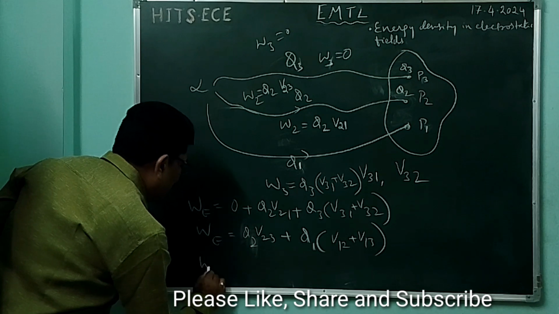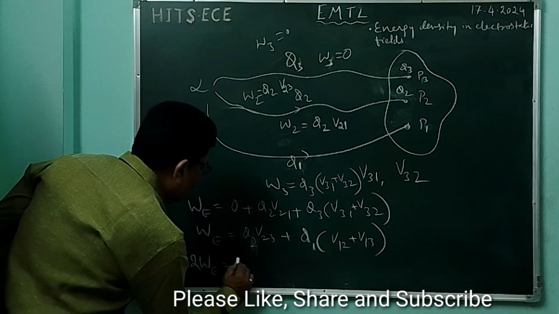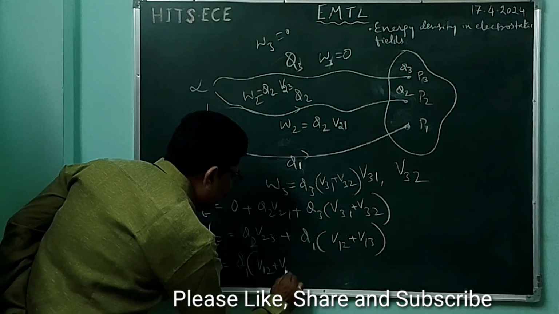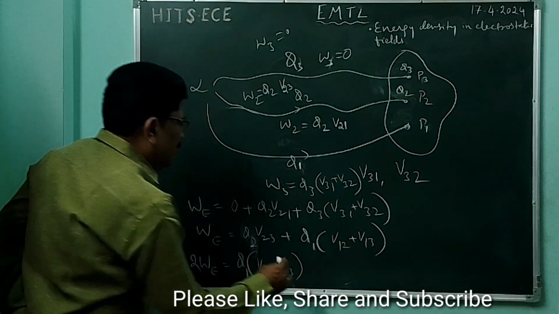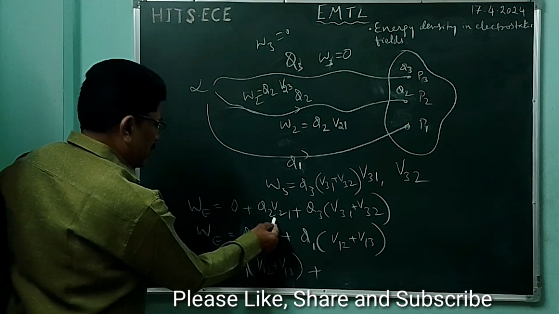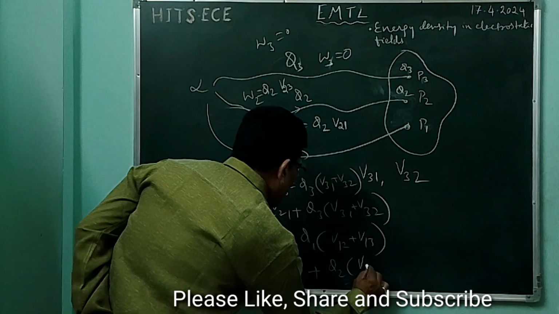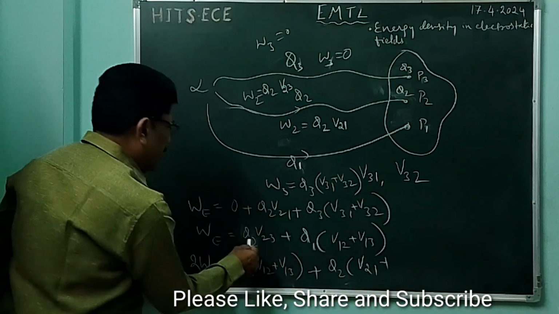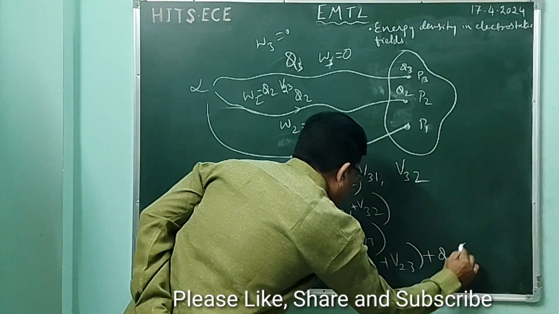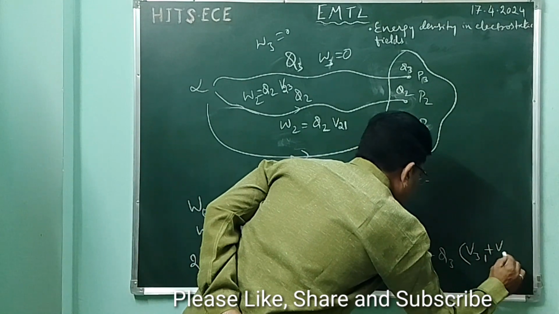Then 2WE is equal to Q1 into V12 plus V13, plus Q2 into V21 plus V23, plus Q3 into V31 plus V32.